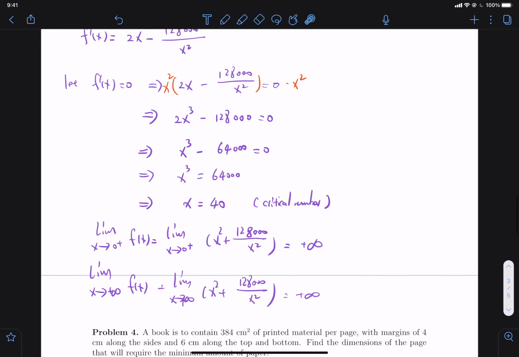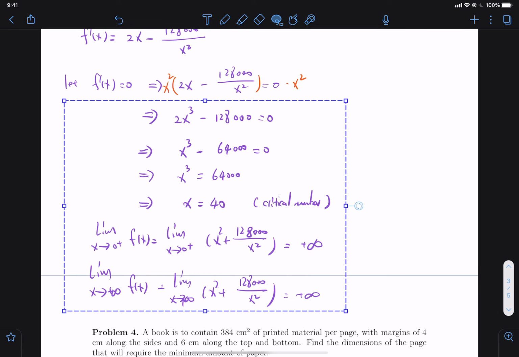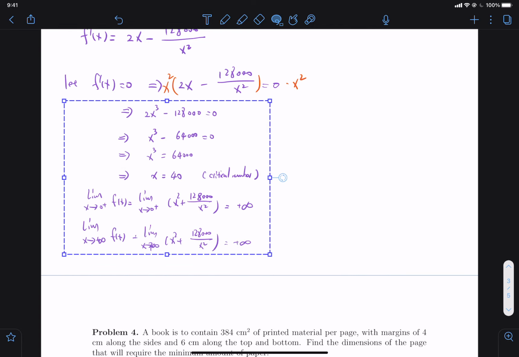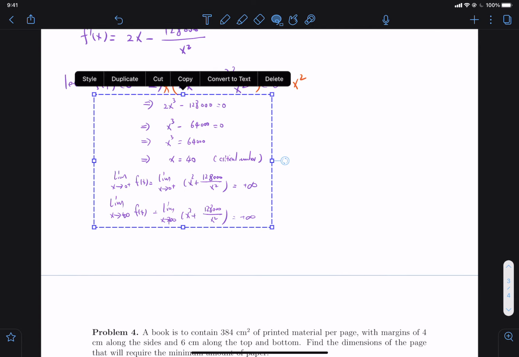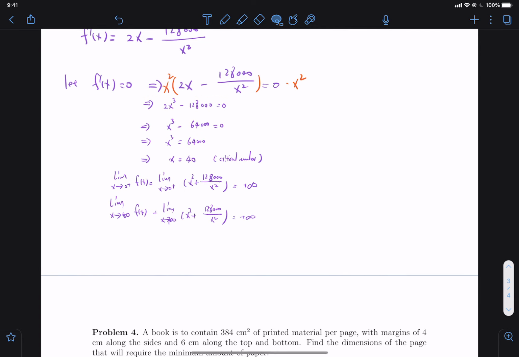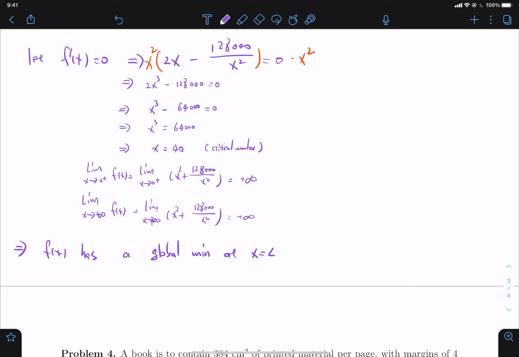And therefore we can now conclude that f(x) has a local and also global min at x equal to 40, right?